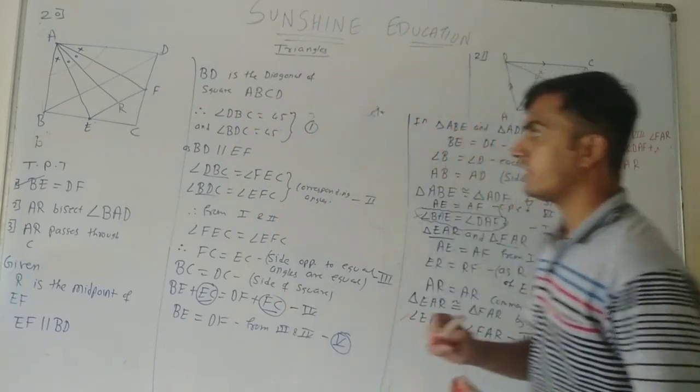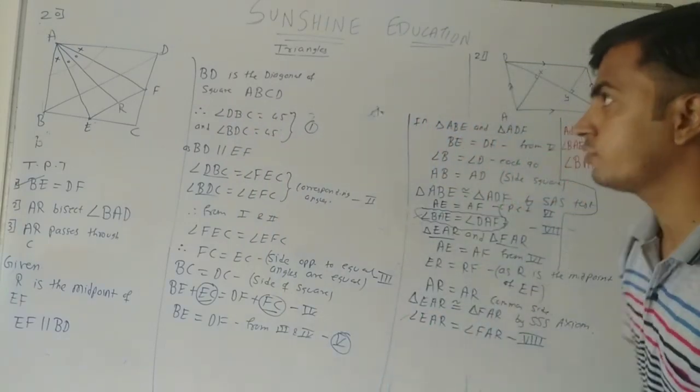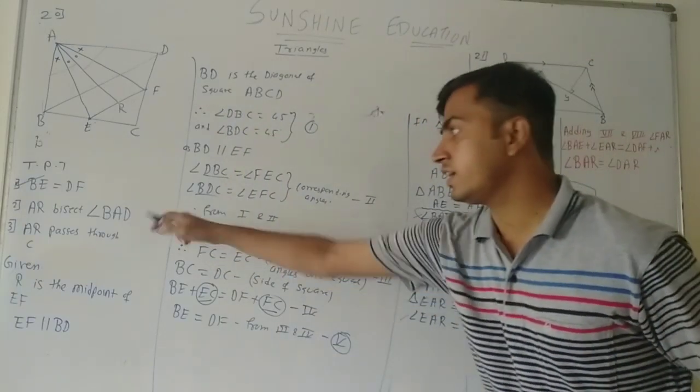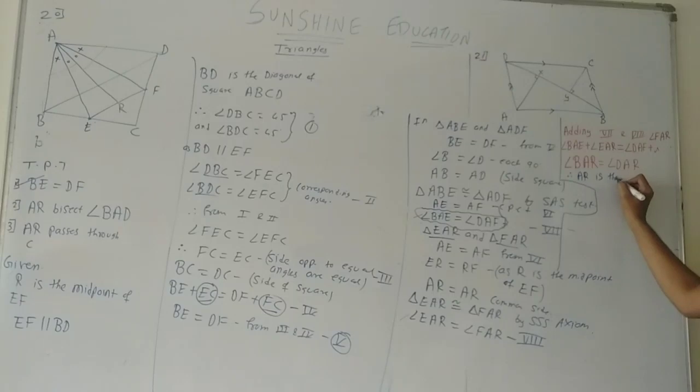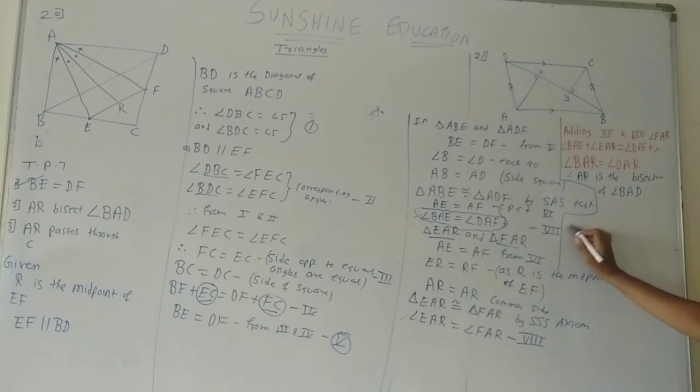Therefore, I can say that AR is the bisector of angle BAD.